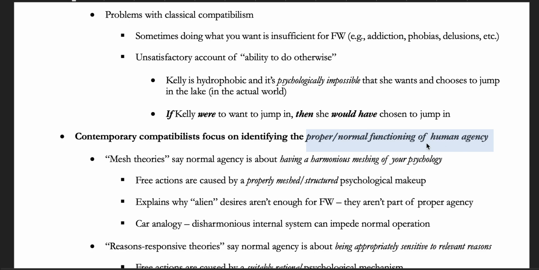Because when you get that, then you get a normal human agent who's controlling themselves in a kind of normal way. They're functioning properly as a human agent. And that's what is going to amount to free and responsible action. When an action comes from proper or normal functioning of human agency.